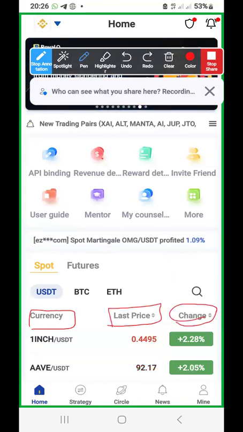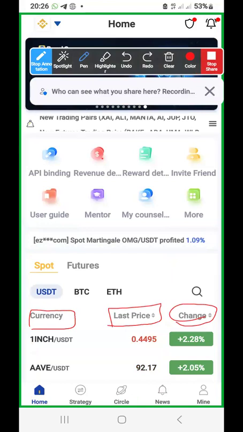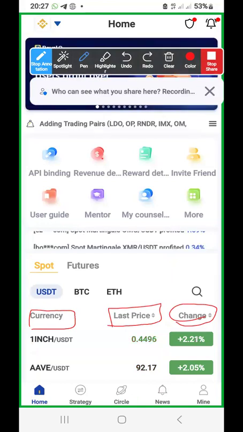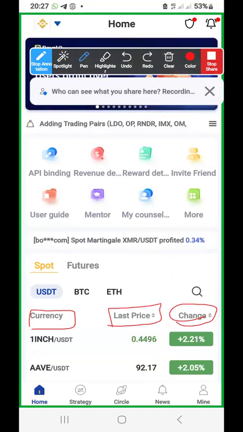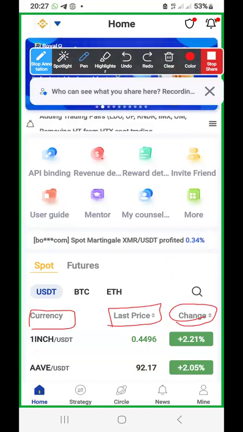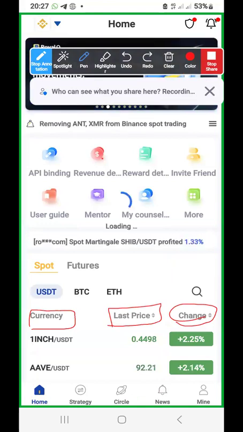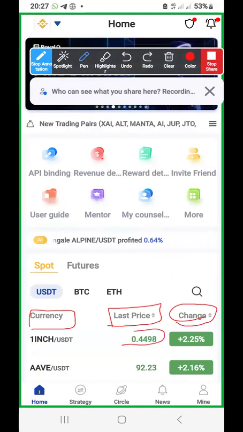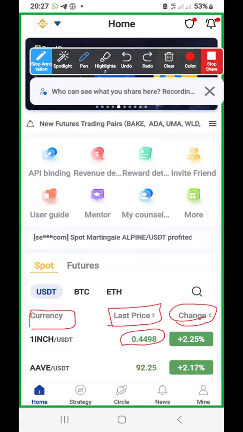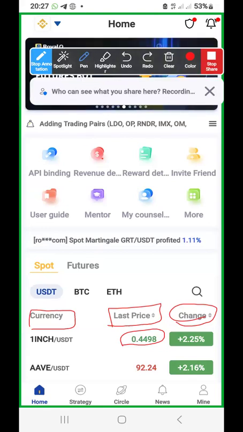Like 1 inch. This is the price. This is the latest price of 1 inch in the market. It keeps on changing for all. But at least it will show you the last price, or the latest price.